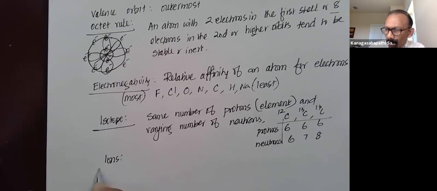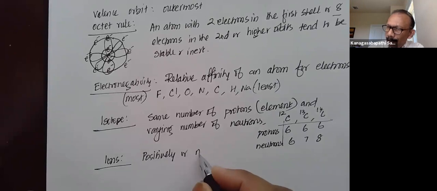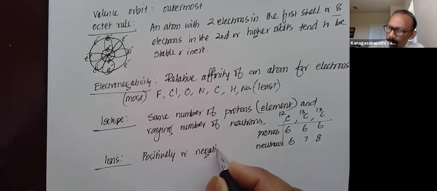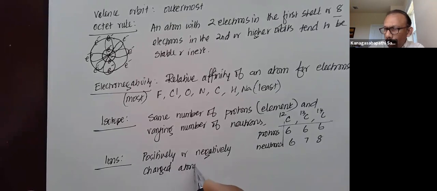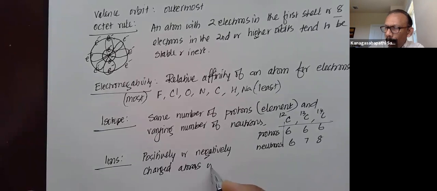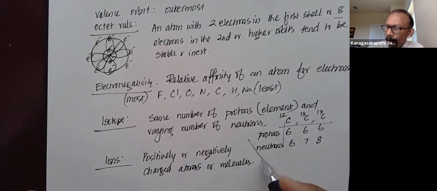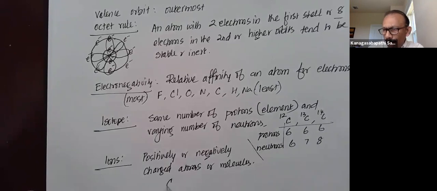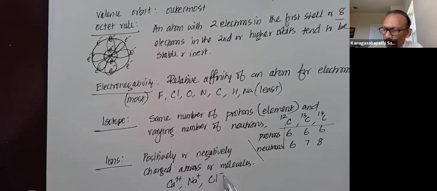Ions are positively or negatively charged atoms or molecules. Okay, so let's look at examples. Atoms can be a calcium ion, a sodium ion, a chloride ion.